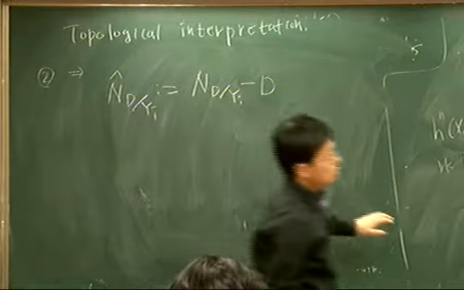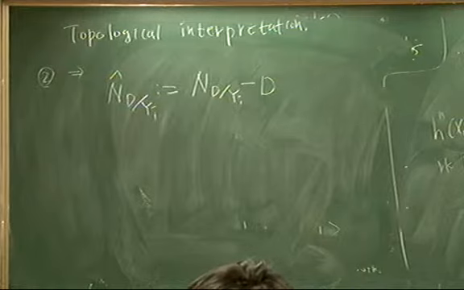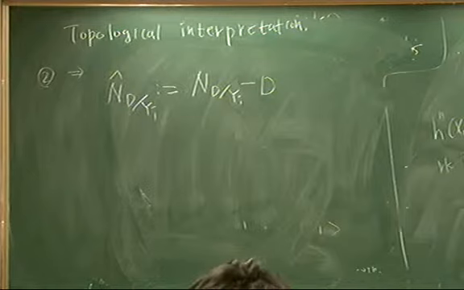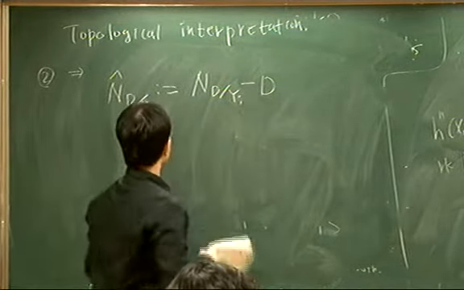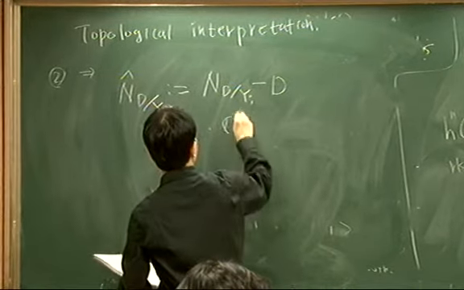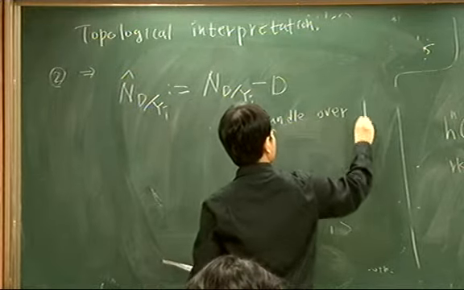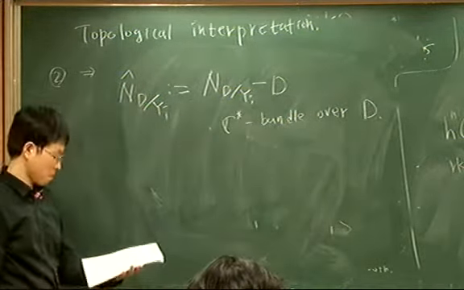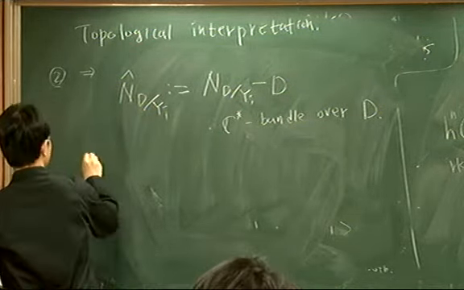Here, this one is a line bundle over D. So you can consider it as a manifold, a three-dimensional manifold. And this thing contains D, a copy of D. So you can just subtract this copy of D. Okay? Then this is a C star bundle over D. Okay?